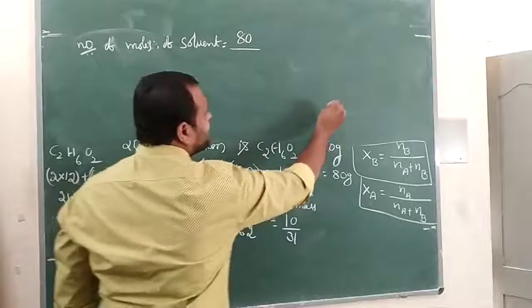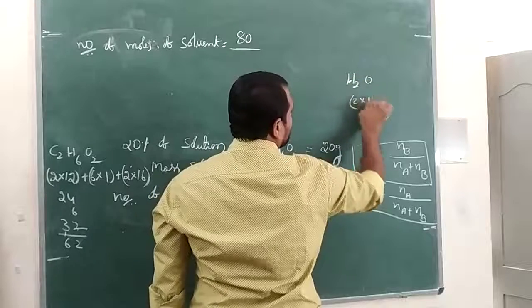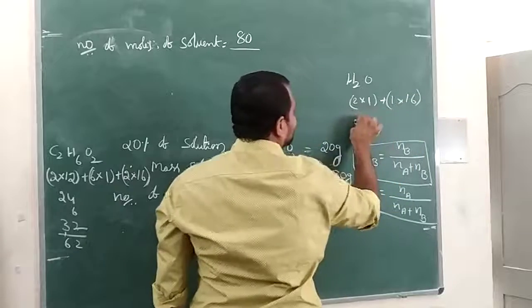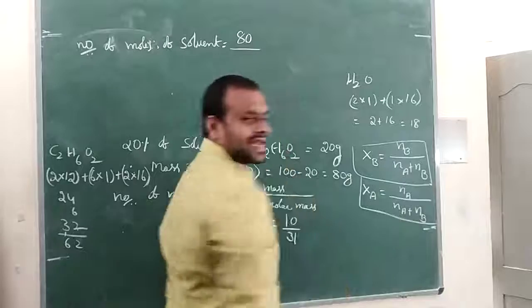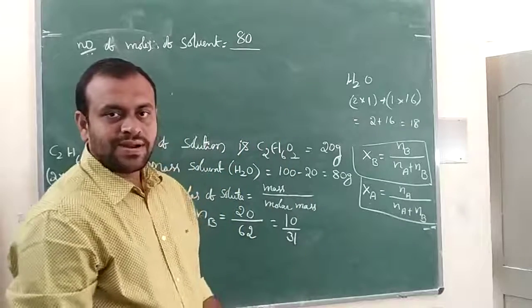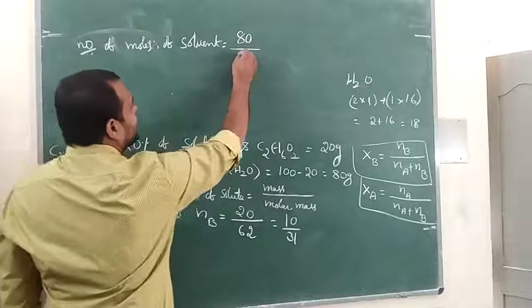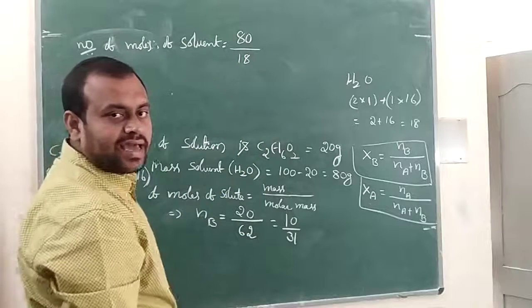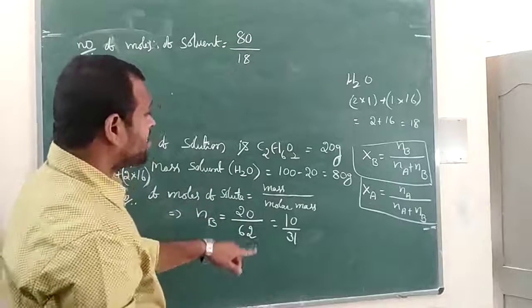It is H2O, right? 2 into 1 plus 1 into 16, that is equal to 2 plus 16, that is equal to 18 grams. Hope you understand. 18. So 80 by 18. Okay. Yes.